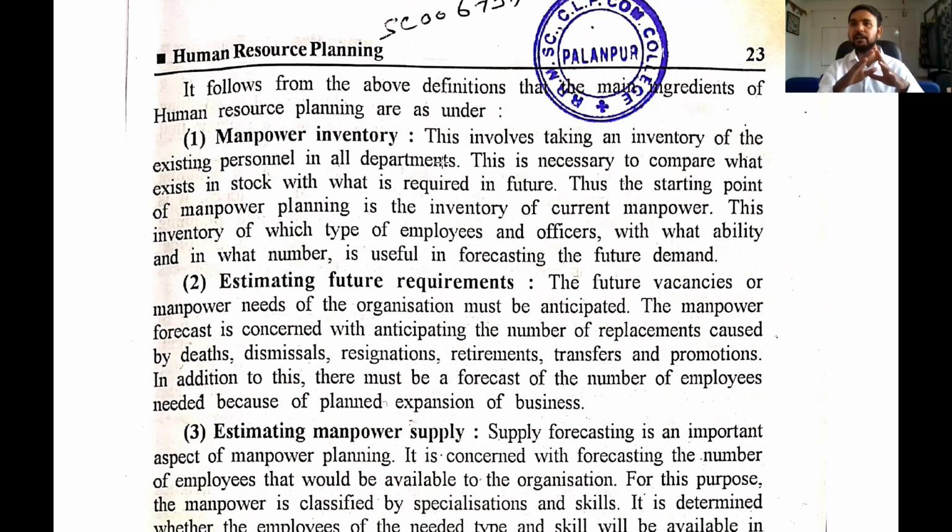How many employees we have at the current situation, in the present time, meaning how much stock we have at present, and based on that we need to think that if right now we have 20 or 50 employees, in the future how many employees do we require.